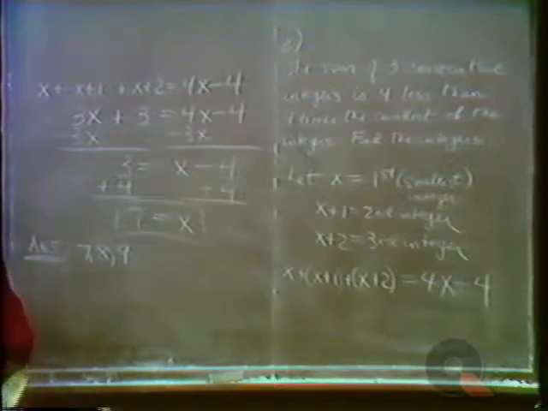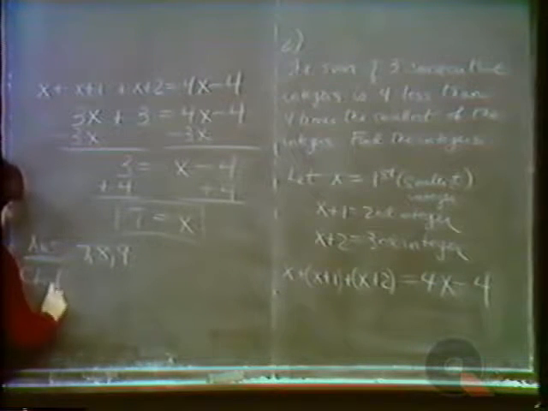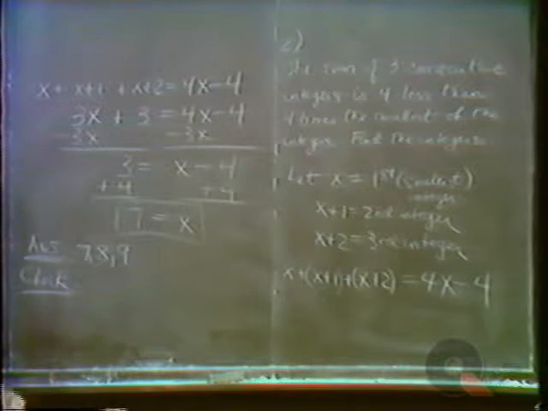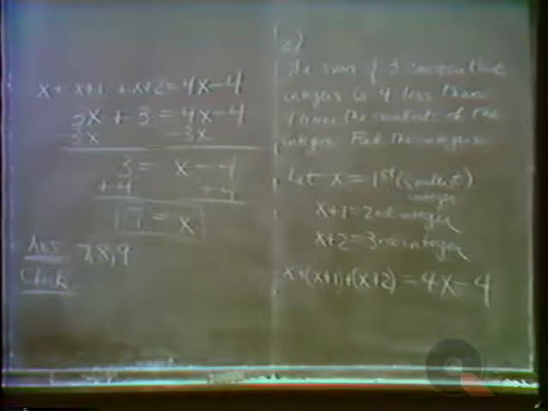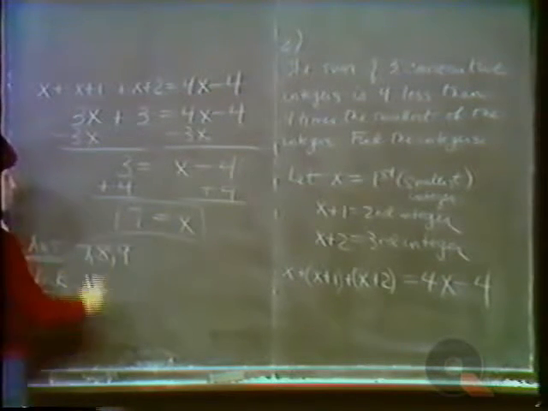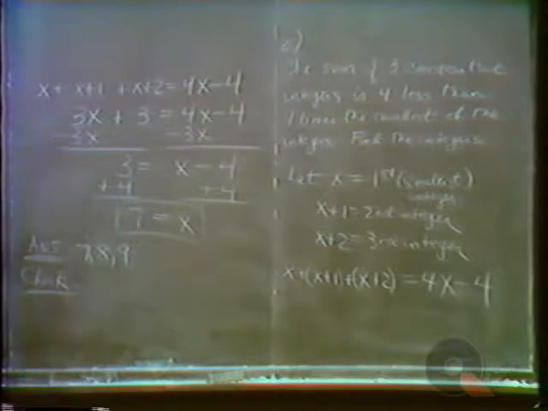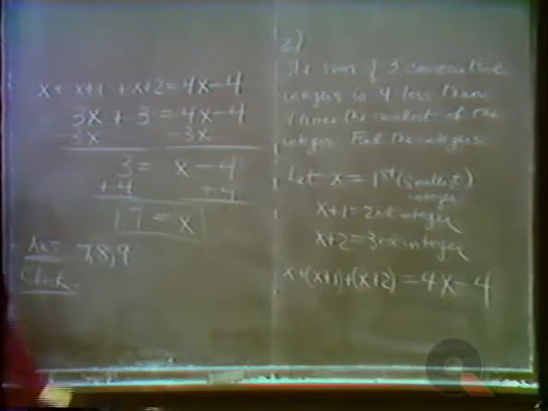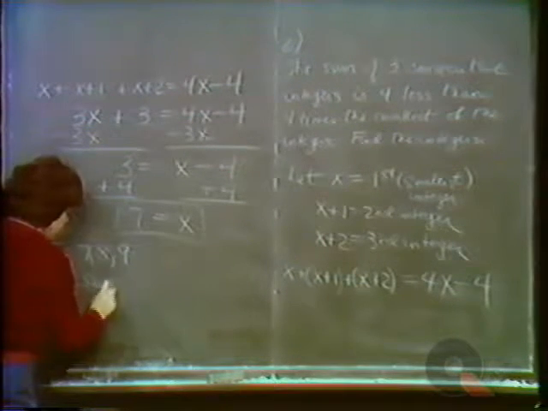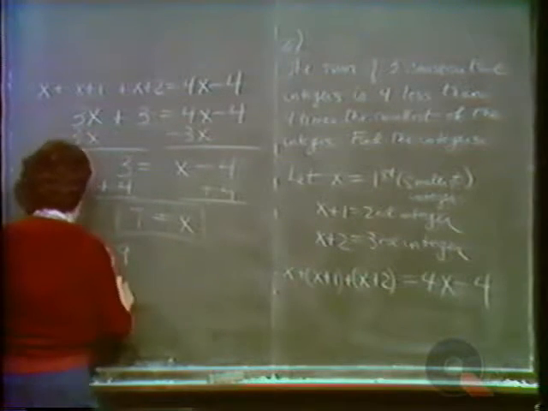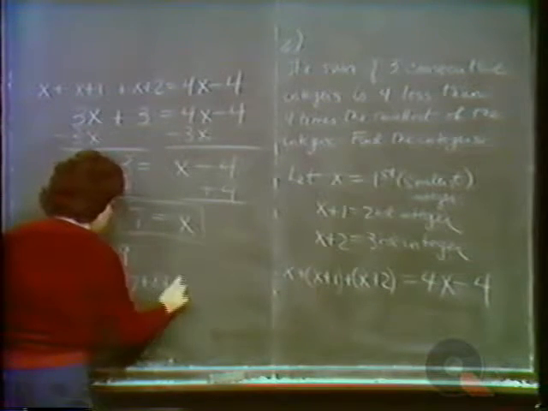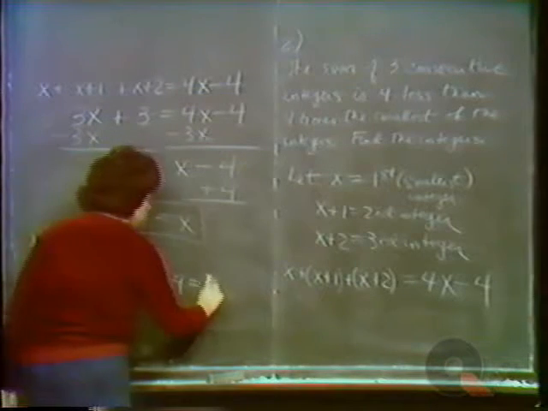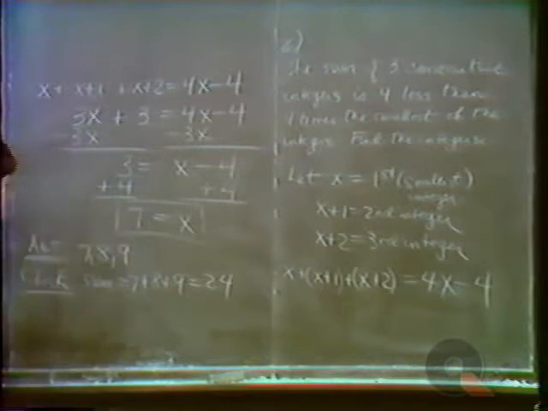Now we have to check this in the words of the problem. Okay, we have found, remember, the answer is not just x equals 7, but 7, 8, and 9, the 3 consecutive integers. Okay, let's find the sum of the 3 consecutive integers. The sum would be 7 plus 8 plus 9. 15 plus 9, that's 24.